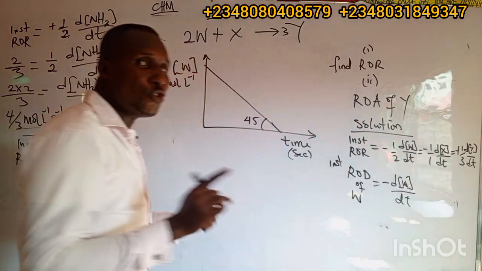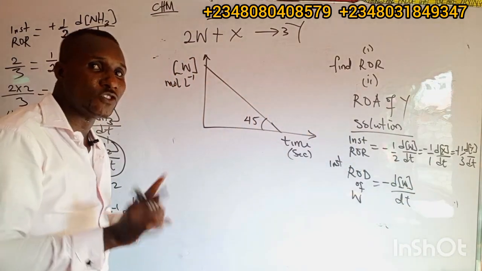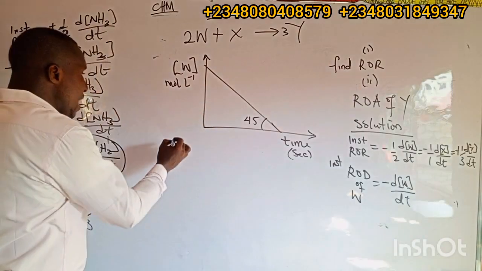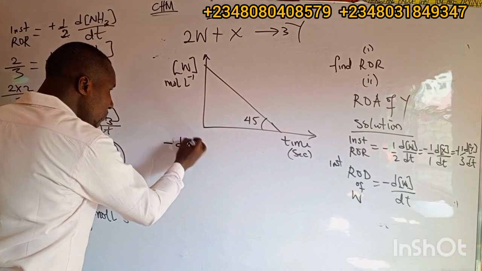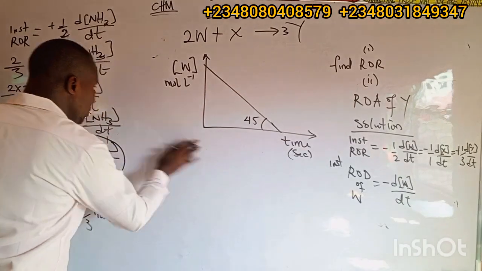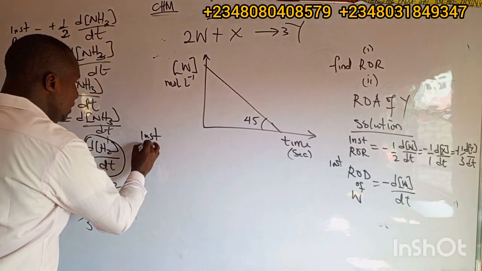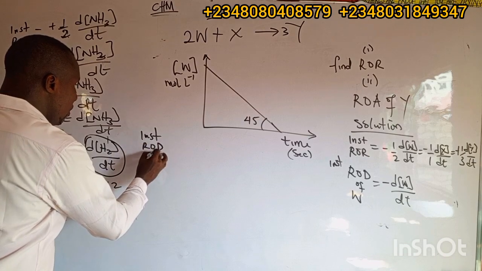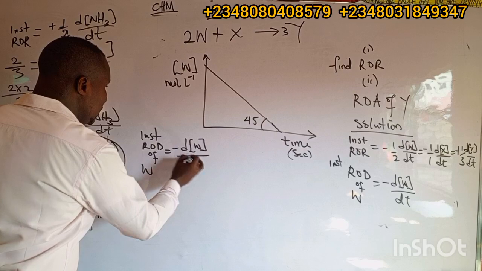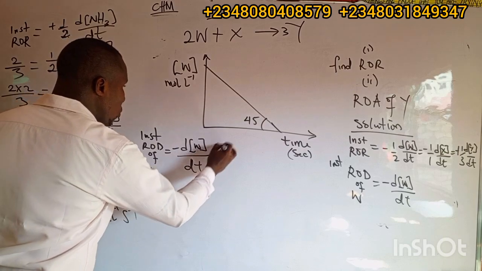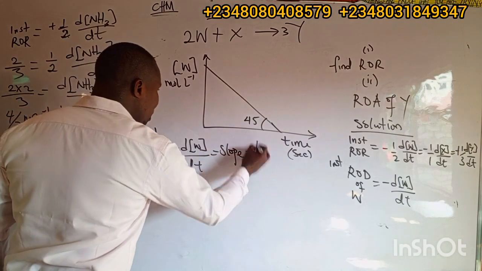I don't need the stoichiometric coefficient for disappearance or appearance. Then from here, the instantaneous rate of disappearance of W equal to -dW/dt equal to slope equal to what?